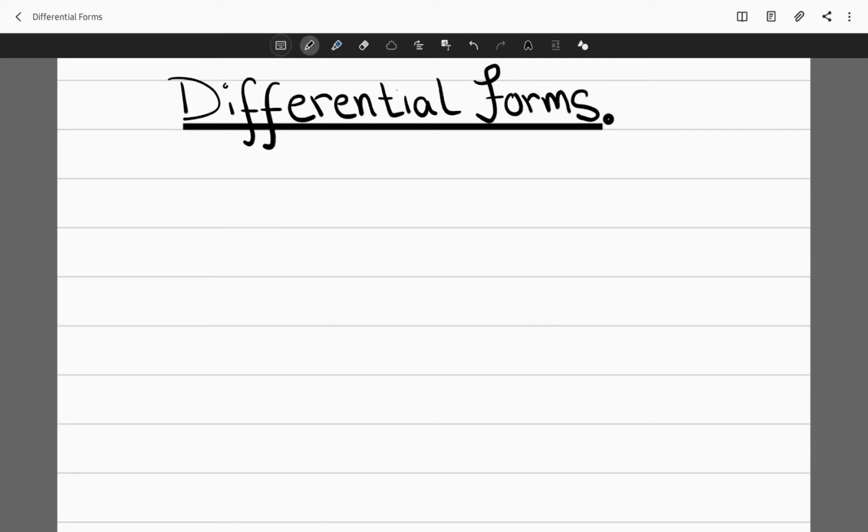Now, what do they give you? Well, they provide you with a method for constructing coordinate invariant expressions, and they help you to simplify certain calculations, like for curvature tensors in general relativity.